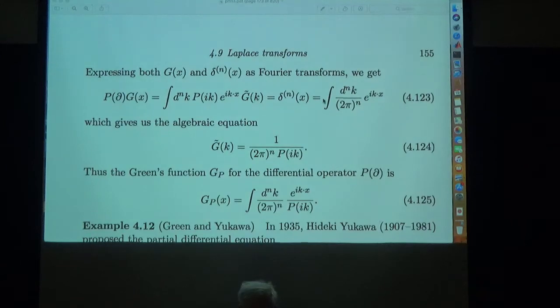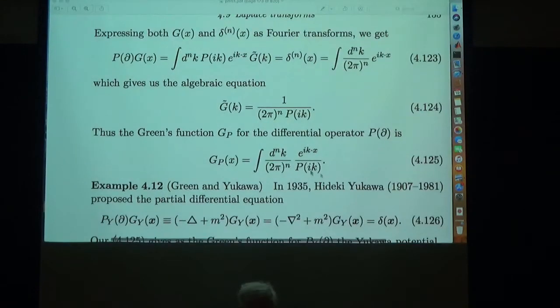But then this is just an algebraic equation, because PG is 1 over 2 pi to the n. So that means G is just 1 over 2 pi to the n P of ik. So you're done. The Green's function for the polynomial differential operator P is just effectively an integral, a kind of Fourier transform of 1 over P evaluated at ik.